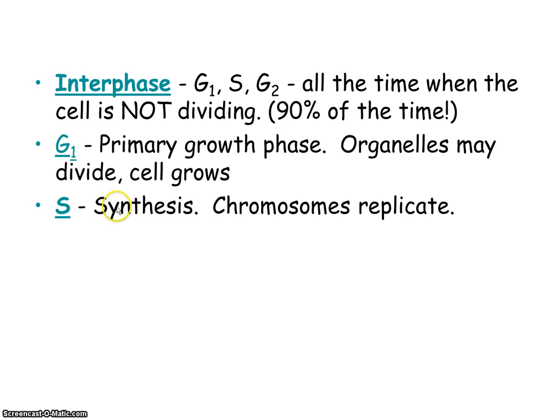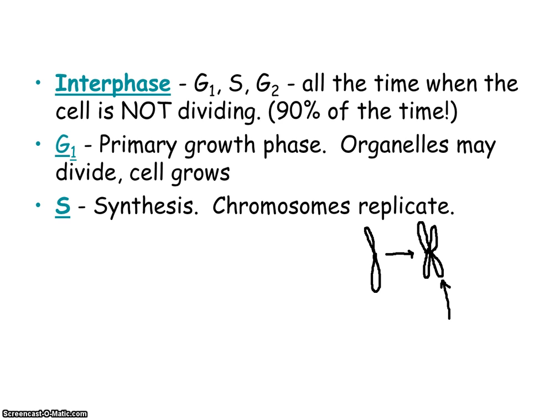S is for synthesis. And this is where the chromosomes make copies of themselves. If you recall, we talked about how a chromosome originally, if you were to look at how much DNA was contained, it would look kind of like that. And then during S, at this point the cell has decided that it is going to at some point divide, so it's going to need an extra copy of the DNA, and this is where it would make an extra copy.